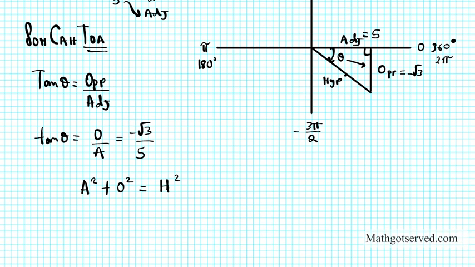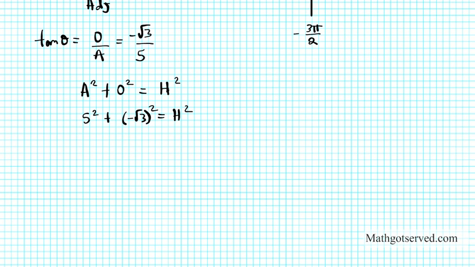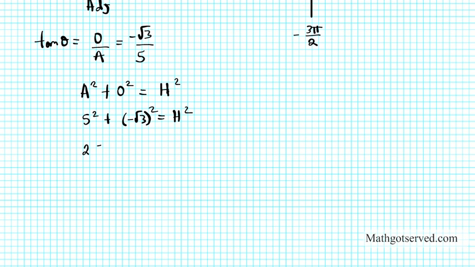Now let's plug in the values. We know that a is 5, so we have 5 squared plus the opposite, -3 squared, equals h squared. So let's go ahead and get h by itself. Square this, we have 25. Root 3 squared is +3 equals h squared.